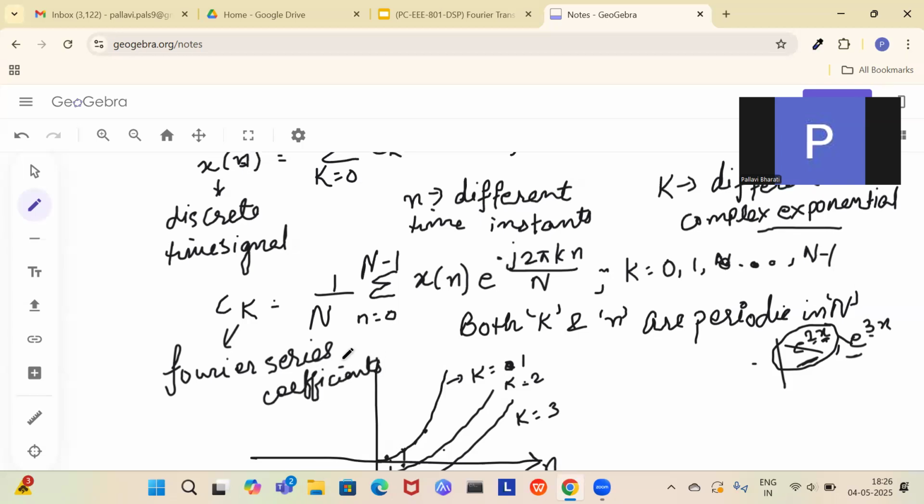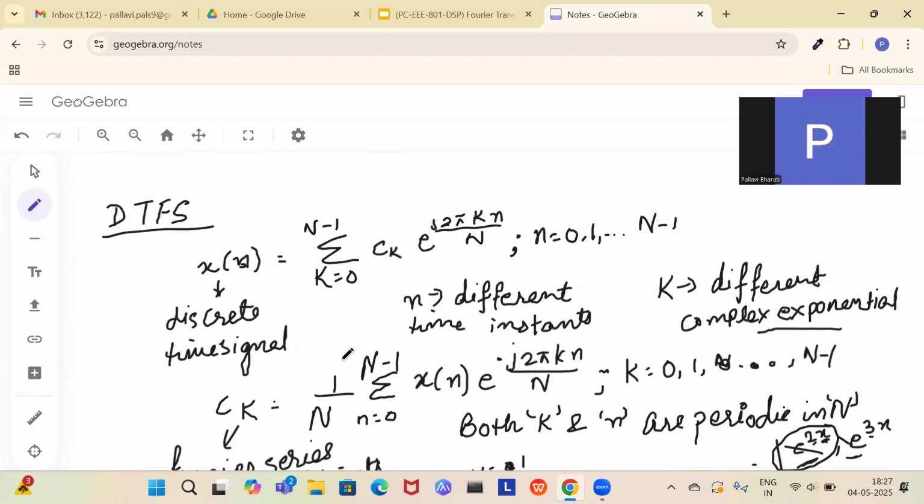This is your original signal x[n]. When you are decomposing the signal into its Fourier series, that will be represented by c_k. Again, if you want the signal back from it, then you have to use c_k into e to the power j 2 pi k n by N. So this is the inverse DTFS, and this is the DTFS.